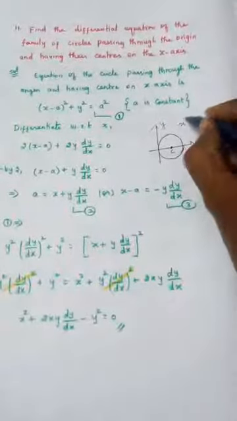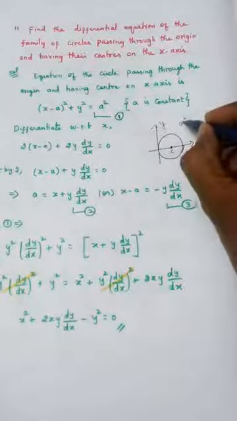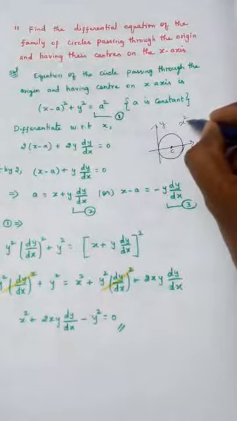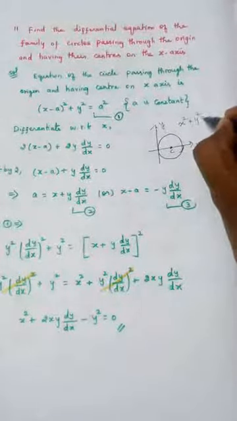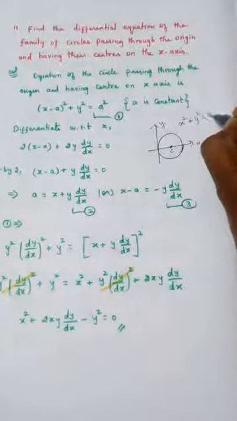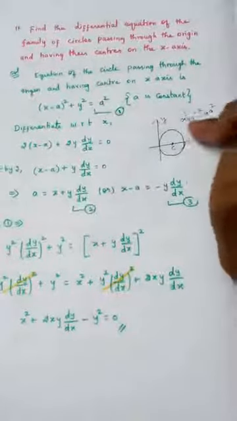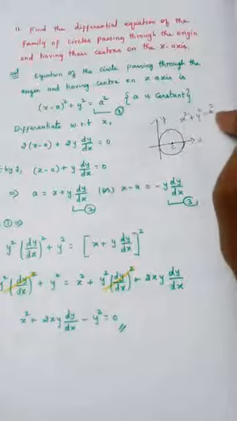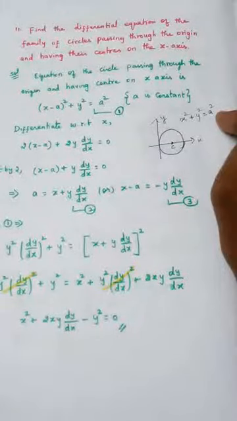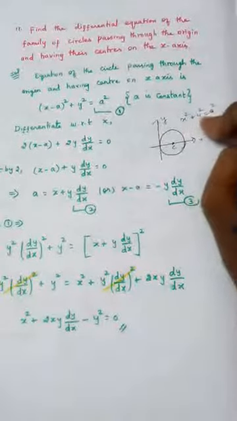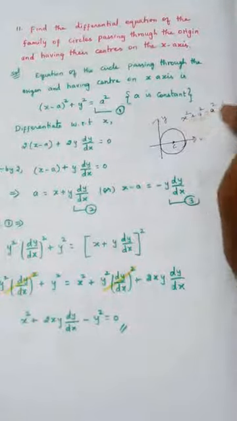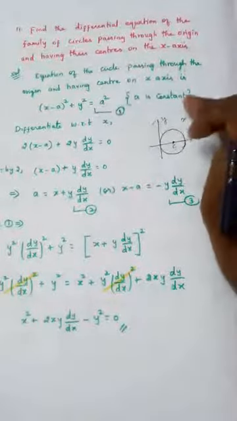Generally, the equation of a circle will be of this format: x square plus y square is equal to some a square. This is the circle equation which passes through the origin. I think I've told it wrongly. This is the equation of a circle with its center at the origin.